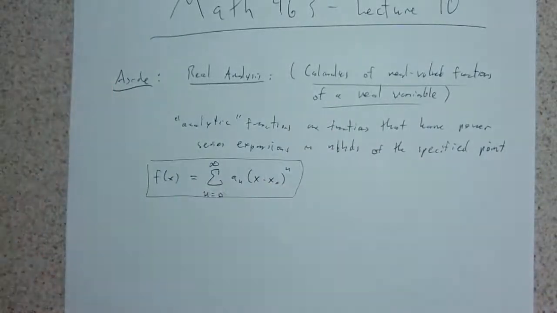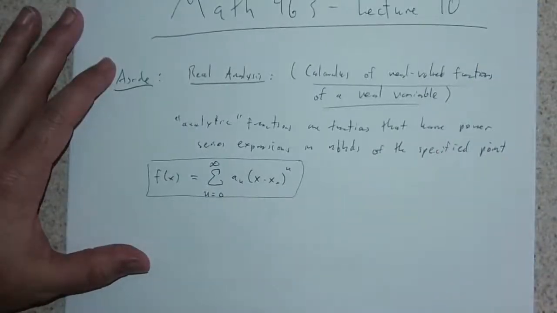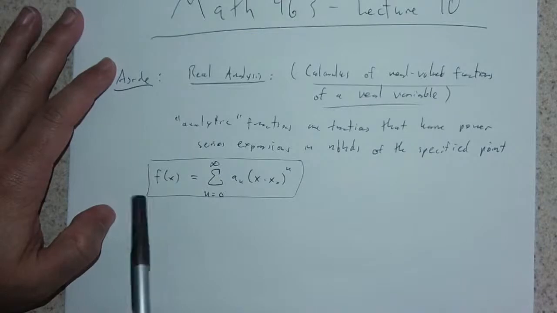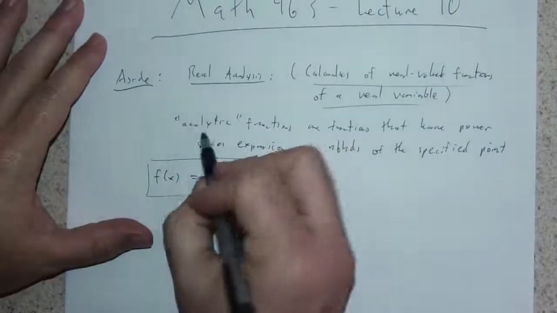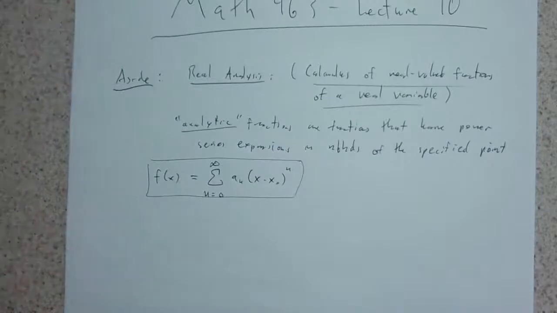So if I have some x that is close to x naught, then near that x naught, I can think of my function as a power series. Now, what is it that I get from this? We're going to ignore the definition of analytic that I just mentioned for functions of a complex variable, and we're just going to focus on this. So this is an example of an analytic function of a real variable.